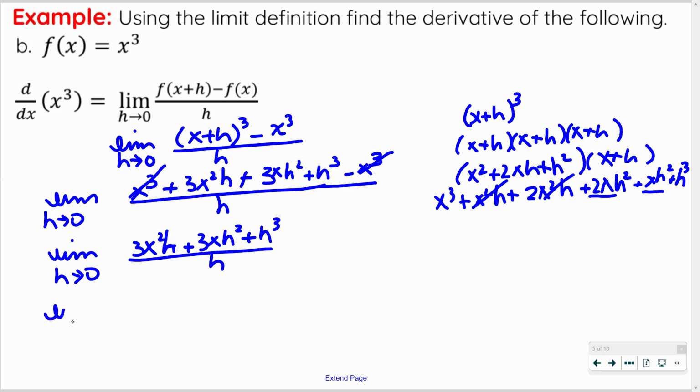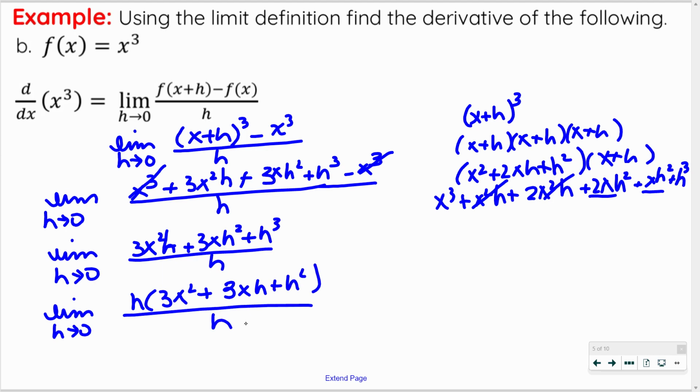So let's factor that common factor of h in the numerator. Then I'm left with 3x squared plus 3xh plus h squared all over h. So my h's cancel. I'm left with the limit as h approaches 0 of 3x squared plus 3xh plus h squared.